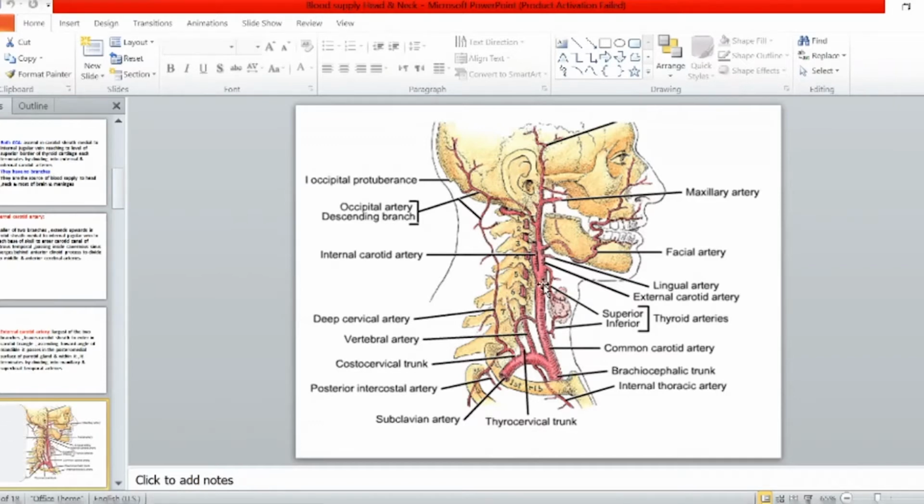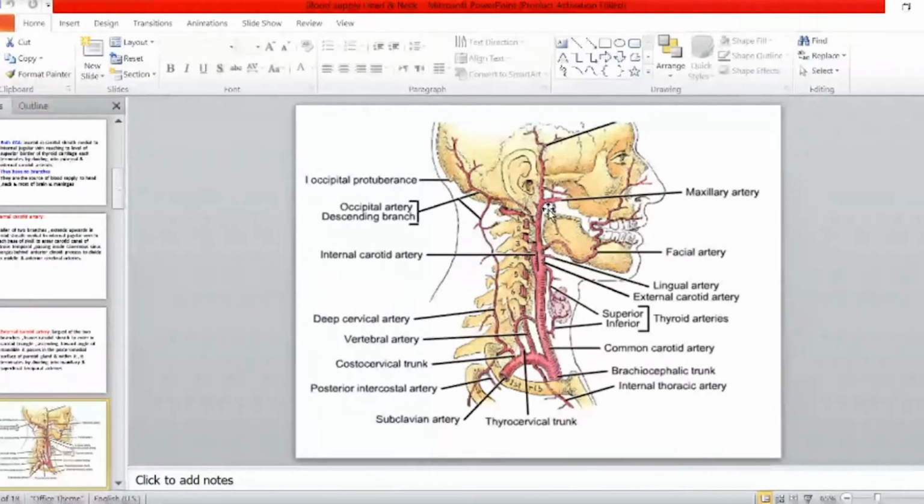So the course of the external carotid artery starts from the carotid triangle as the largest of the two terminal branches of the common carotid artery, ascends upward, leaving the carotid triangle to behind the angle of the mandible, and then winds around the posterior border of the ramus of the mandible to enter inside the parotid gland, and within the parotid gland divides into two terminal branches.